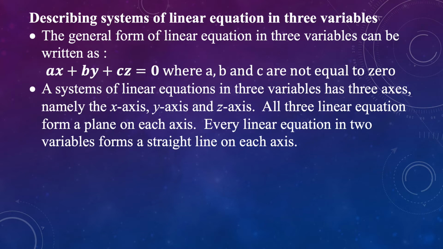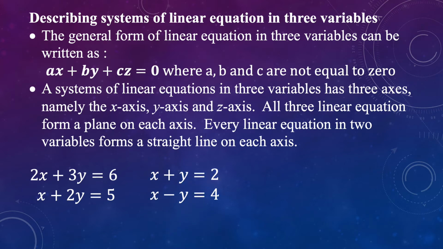Okay, let's refresh back for system linear equation with two variables. From the previous examples, we have 2x plus 3y equals 6, x plus 2y equals 5. There is a pair of equations here. Same goes for x plus y equals 2 and x minus y equals 4.